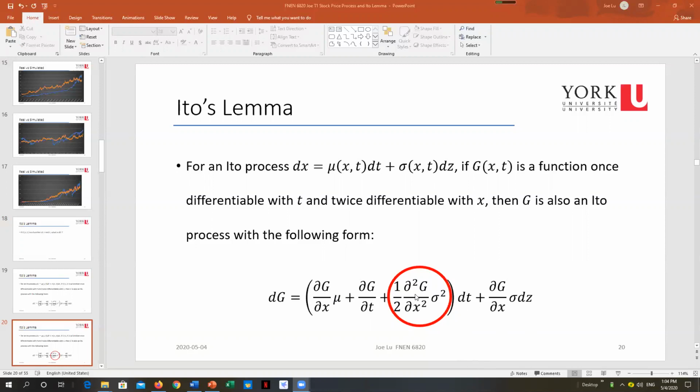Now, if x is stochastic, it's sensible, obviously, to have this part here, dG/dx times sigma dz. But then, why do we have this second partial derivative here? This is where Ito's lemma will stand out.